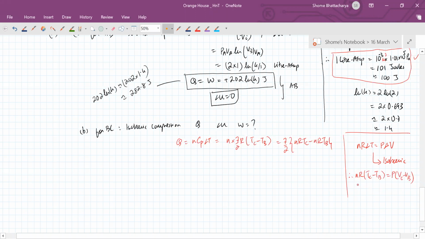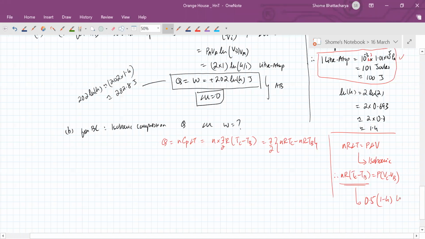We can write this way. So this term becomes the pressure of 0.5 atmospheres into this in liter atmosphere. So minus 1.5 liter atmosphere. That is in joules. Okay.